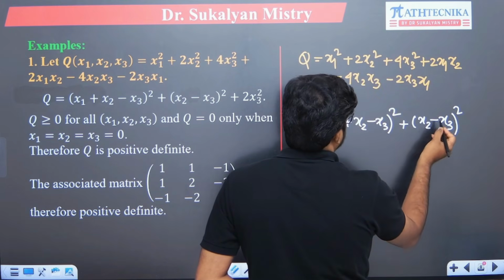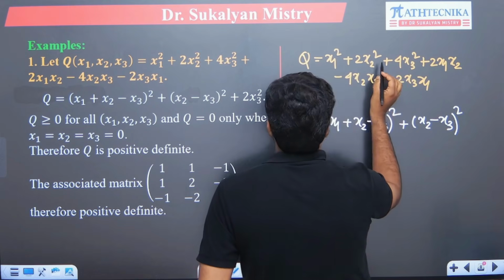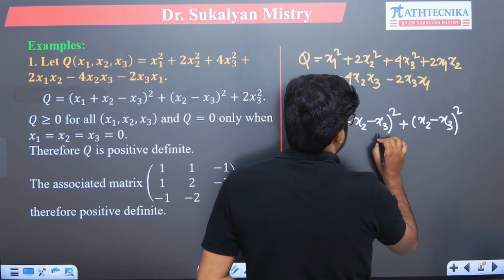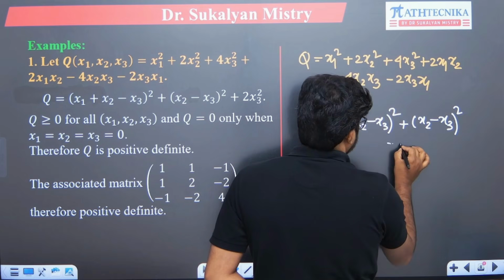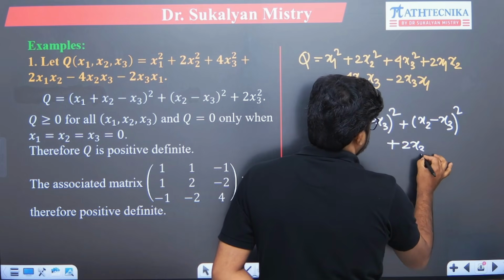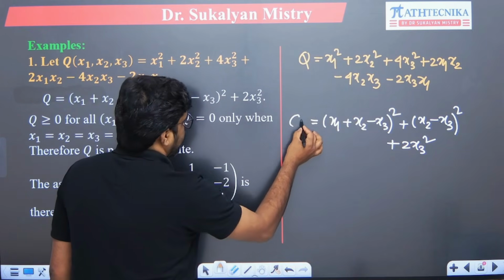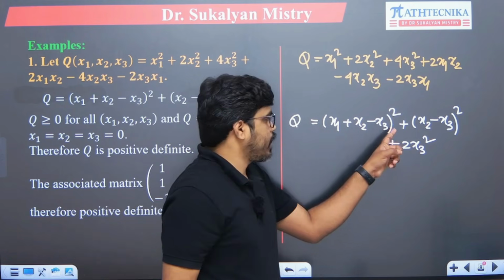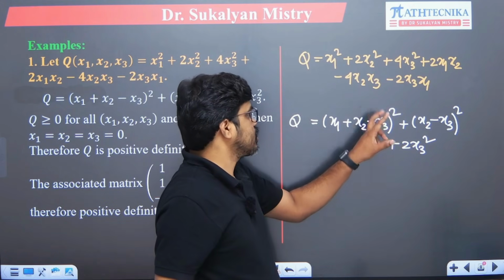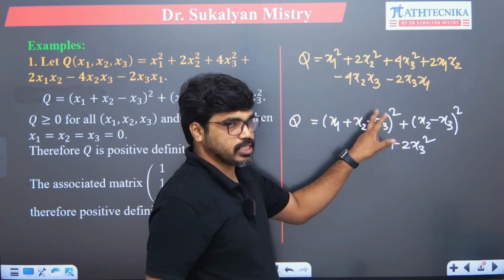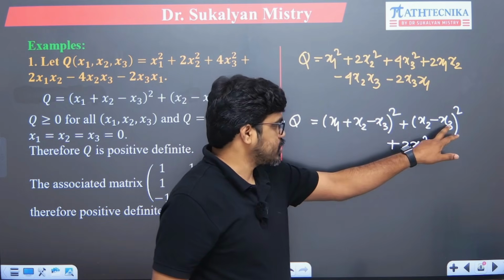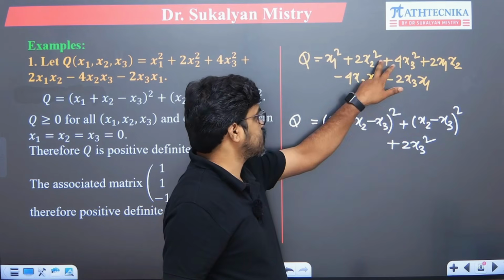So minus x3 square minus x3 square. Here x3 is absent in 4x3 square, so this will be plus the balance, that is 2x3 square. See this. This expression can be written in the form (a plus b minus c) whole square plus b square plus c square, that is x1 square plus x2 square plus x3 square, plus x3 square, that is 2x3 square, plus 2x3 square, that is 4x3 square.